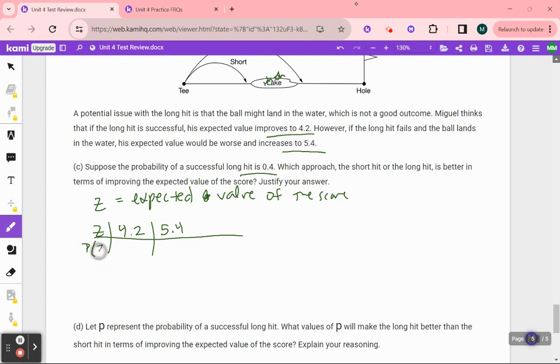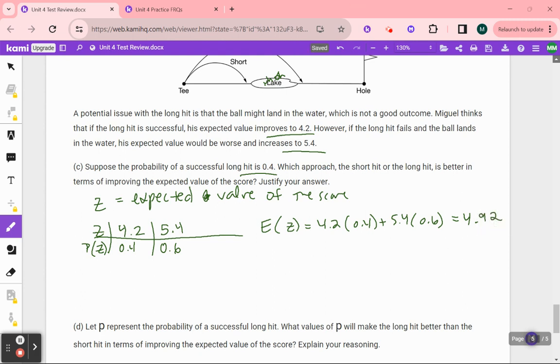And the probability of each of these outcomes, as given in the problem, is 0.4 and 0.6. And we want the expected value of the scores, which is expected value of z equals 4.2 times 0.4 plus 5.4 times 0.6, which is 4.92.